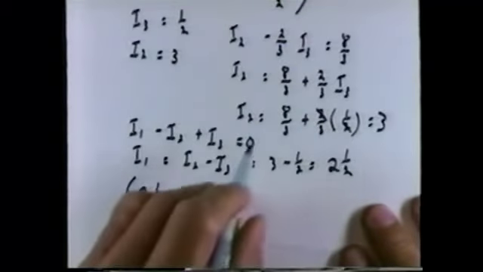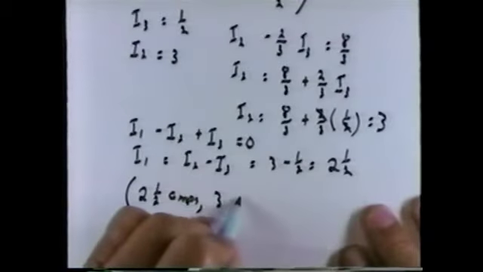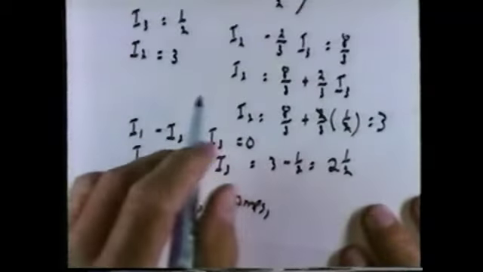So we have that I1 is 2 1/2 amps. I2 is 3 amps. And I3 was 1/2 amp. And there's the solution.